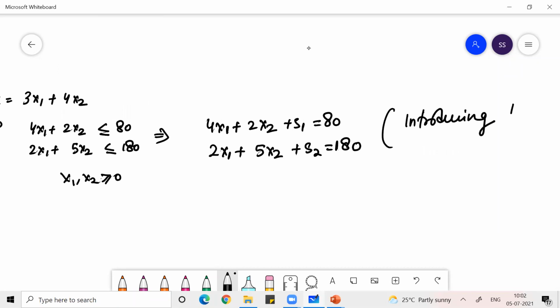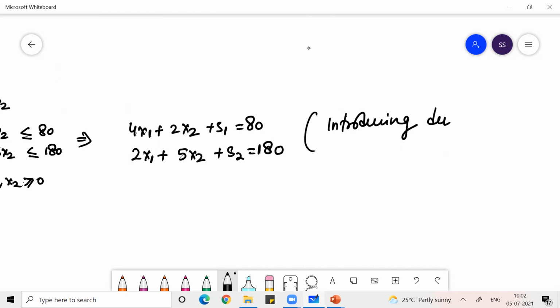Why two dummy variables? Because two constraints are there. So what are those dummy variables? S1 and S2.